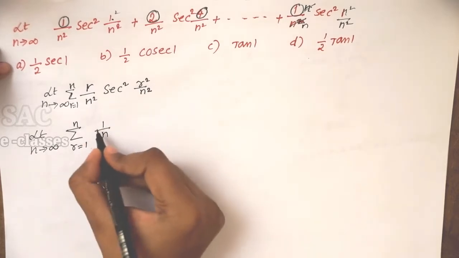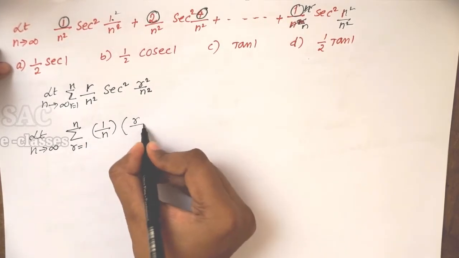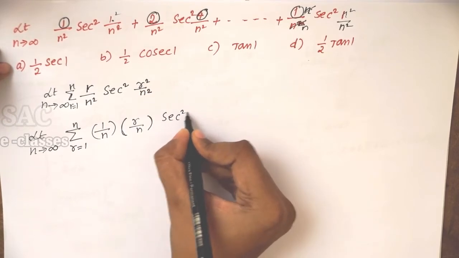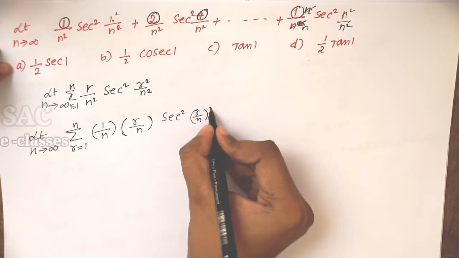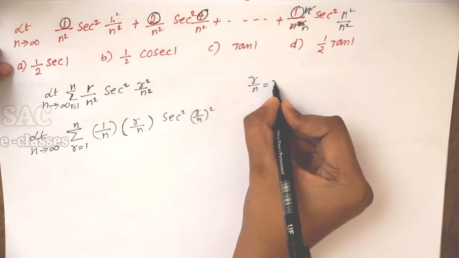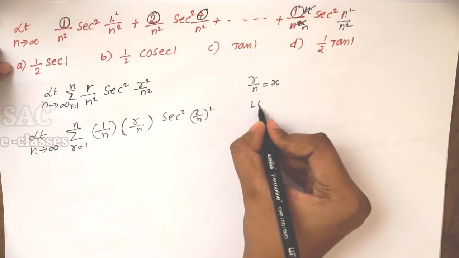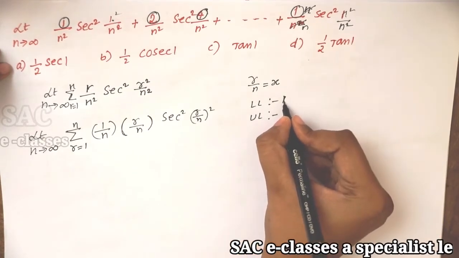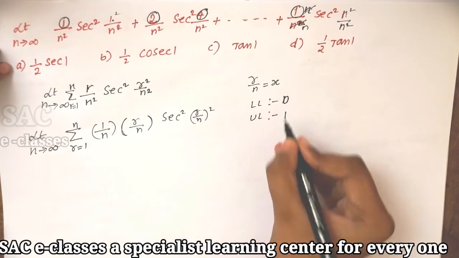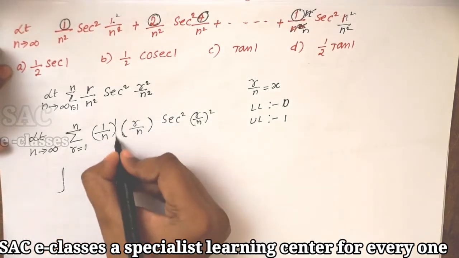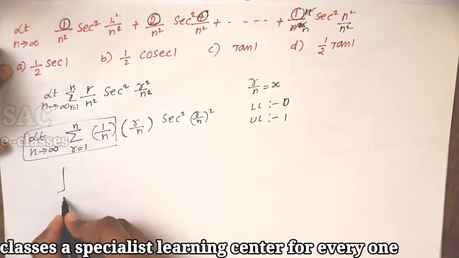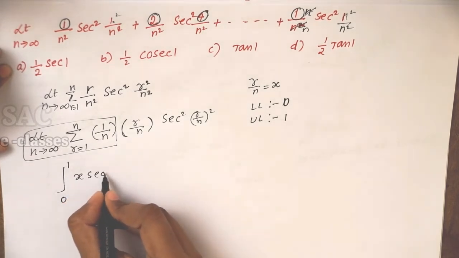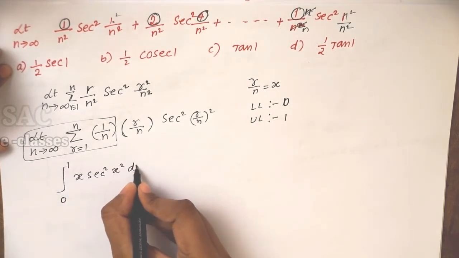Can I write r by n square as 1 by n into r by n? Yes, we can, into secant square of r by n whole square. By choosing r by n as x, the lower limit is anyhow 0 and the upper limit is 1. Now let's convert this total into integration 0 to 1 x secant square x square dx.